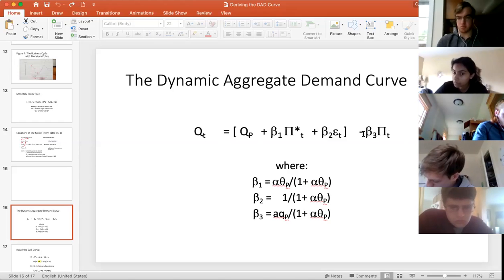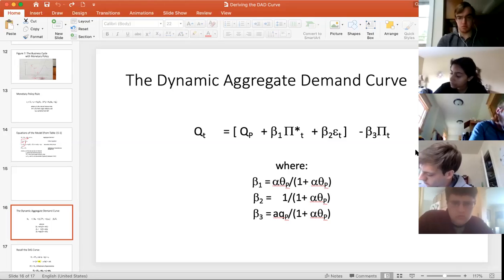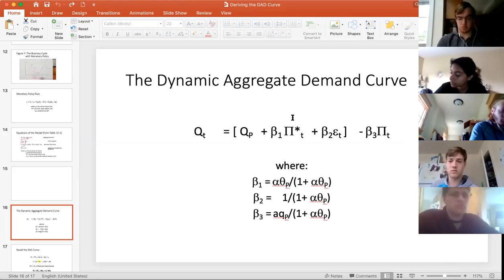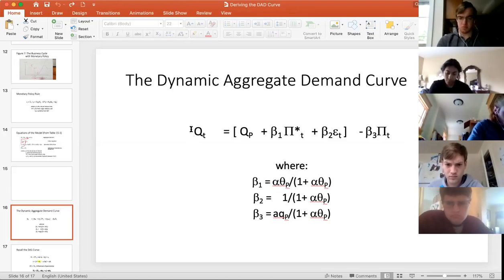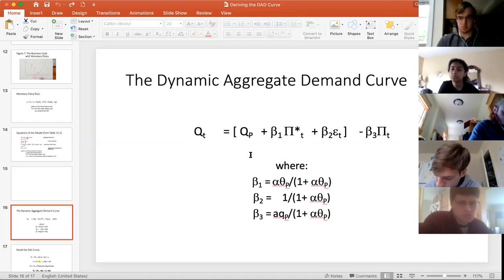Okay. Another interesting thing. What's the coefficient on Q sub P here? It is 1. What that means is every time potential GDP increases, aggregate demand increases proportionately. That's going to be important when we start using the model.